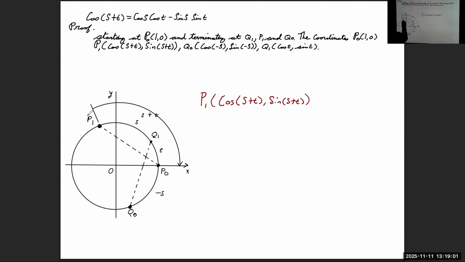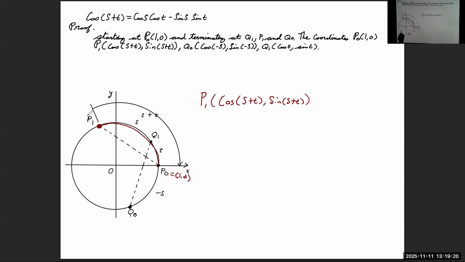Where's P1? Right here. This is P1, okay? And they're saying if P naught is the point 1, 0, then P1 is cosine S plus T, sine S plus T. Okay, that's what they're saying.